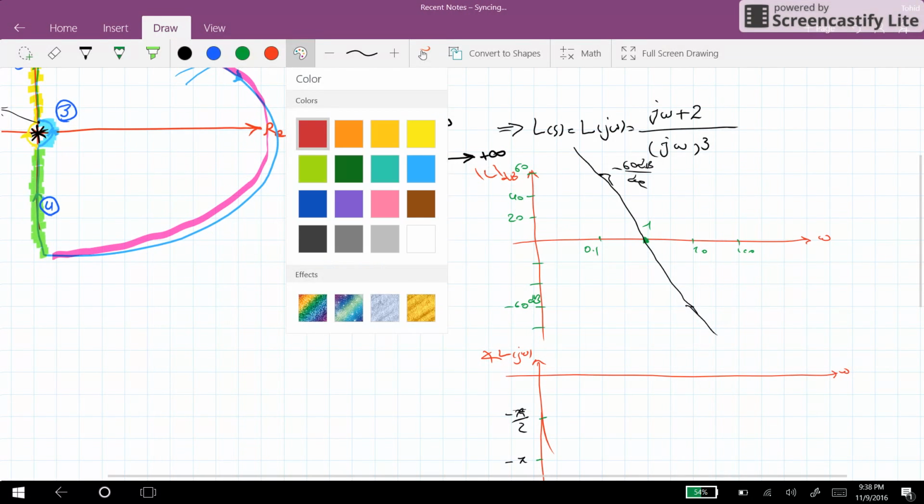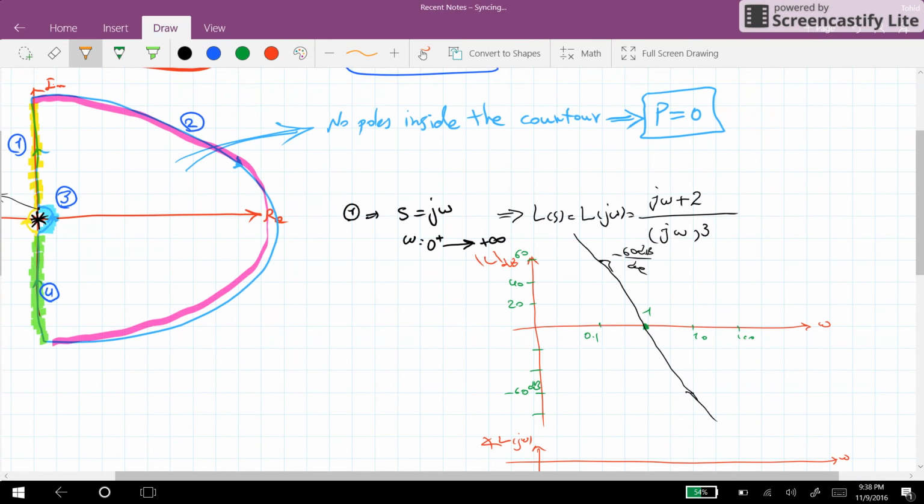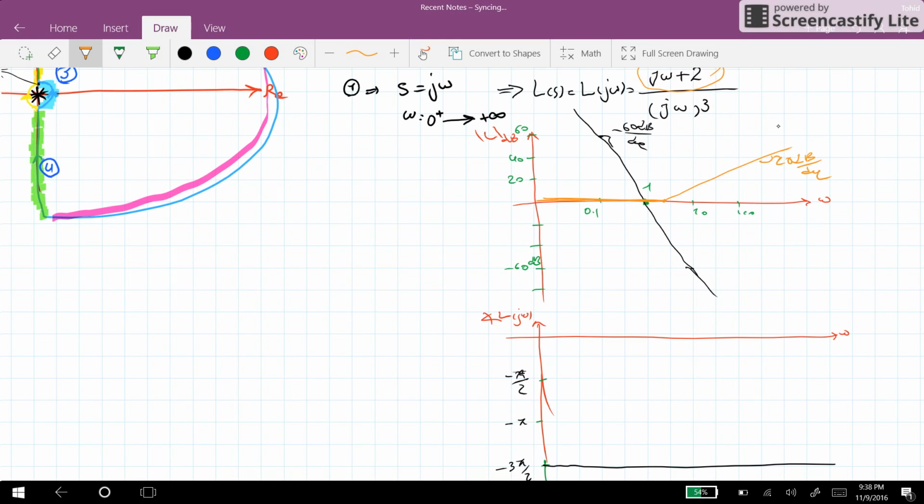For the second term, which is j omega plus 2 here, the corner frequency is equal to 2. I assume that it's here. So until that frequency, we will have 0, and afterwards we will have 20 decibel per decade. And in terms of phase, around that frequency we will have pi over 4.